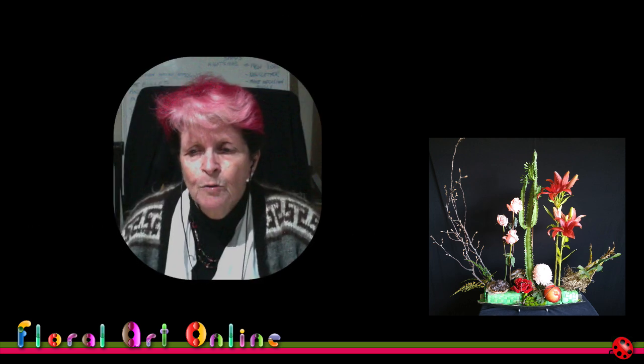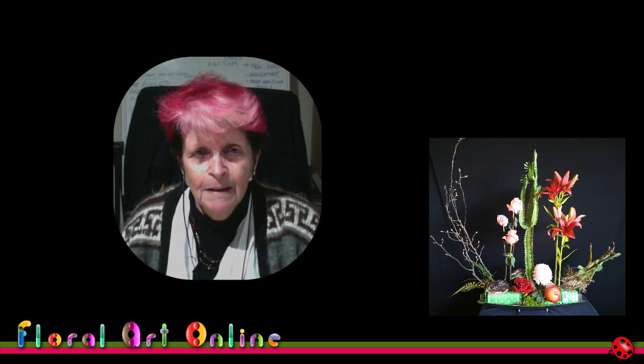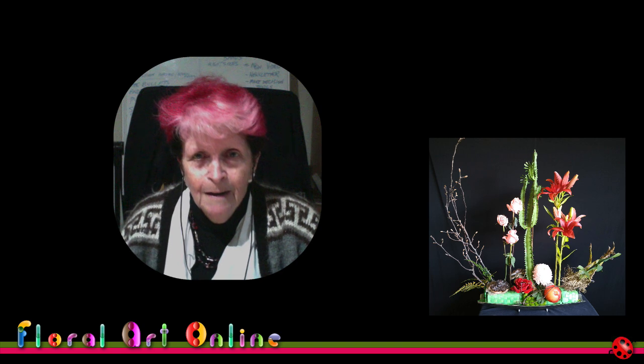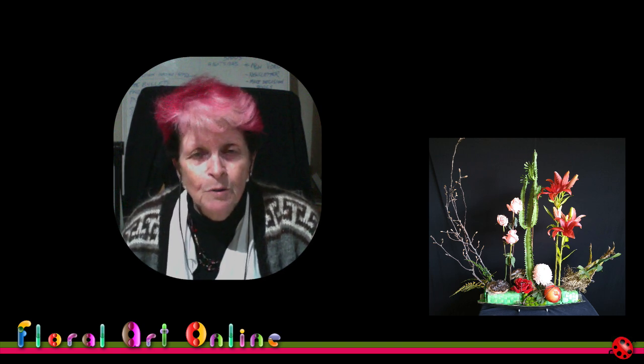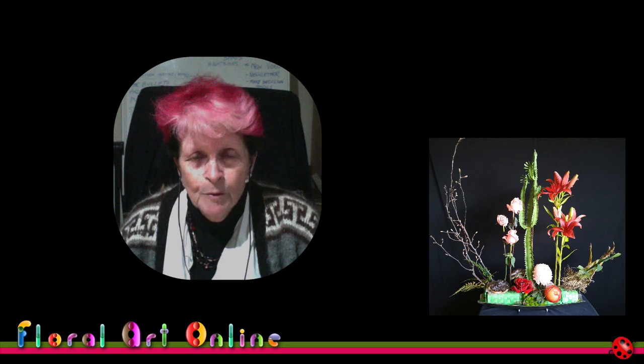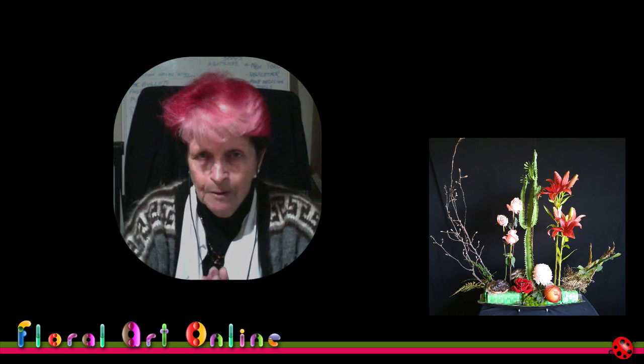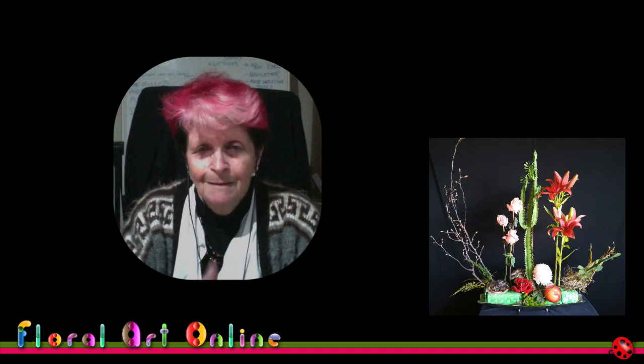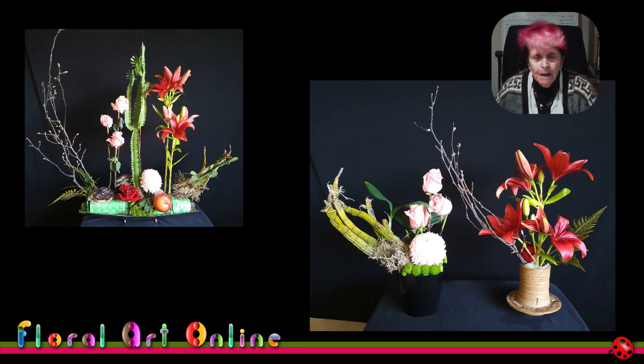Let's now have a look at deconstructing this particular design as it stands now and putting it into two individual European influence designs that are very much in the radial placement side of things. So here we have our original design and the two designs that I made using some material from the original design.